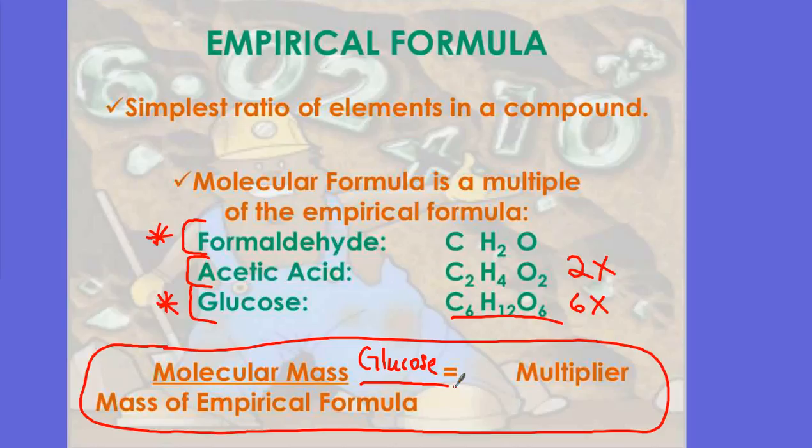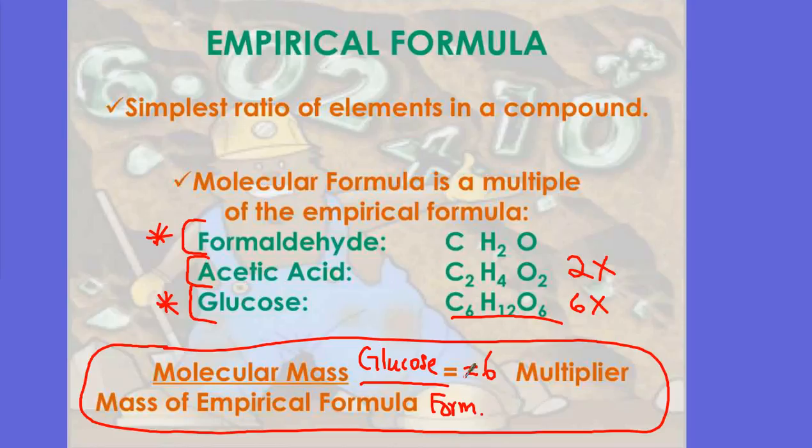What's empirical? The simplest one, which is formaldehyde. If we took the mass of formaldehyde, guess what number we would get? The 6th. So sometimes if you can't see it based on a formula, if you calculate the mass of the big one over the mass of the simple one, you'll get the multiplier. It'll tell you how much bigger it is.